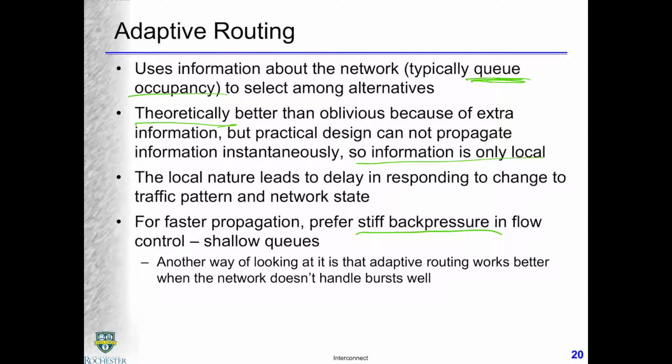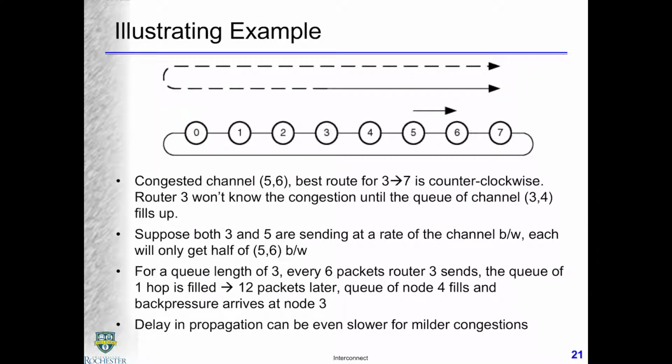So shallow queues will give you that. But queues are sometimes useful. They handle network bursts very well. So in a way, if your network doesn't handle bursts very well, then adaptive routing is better for you. If your network handles bursts quite well, it has lots of buffers, then this local adaptive routing may actually not be as good. So here's the example.